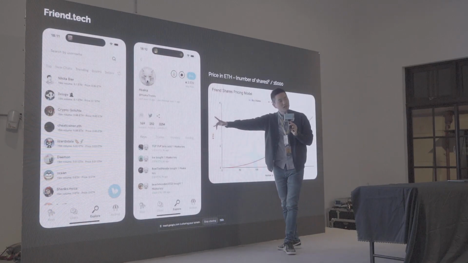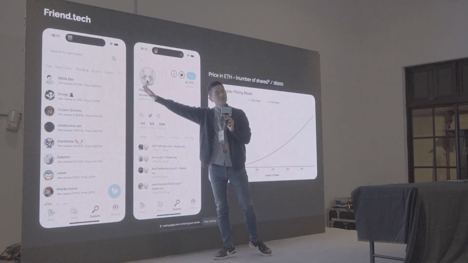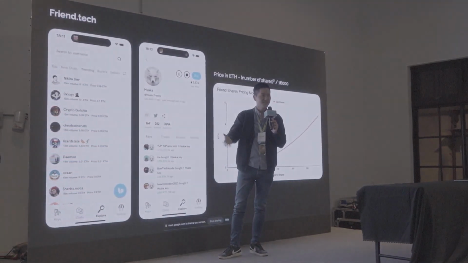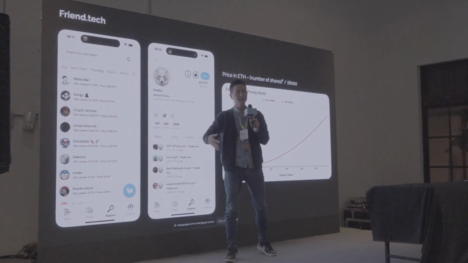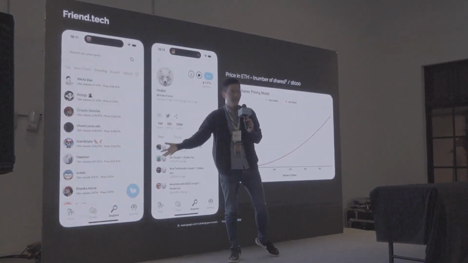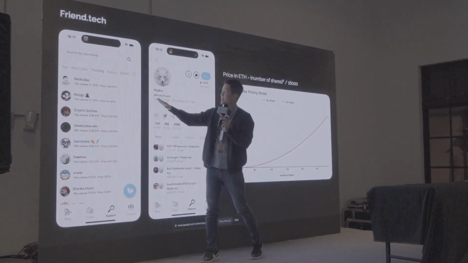So the concept of friend.tech is that you just issue your token using your Twitter identity. You literally tokenize your famousness in a social space, and people trade over your identity, which is called a key.